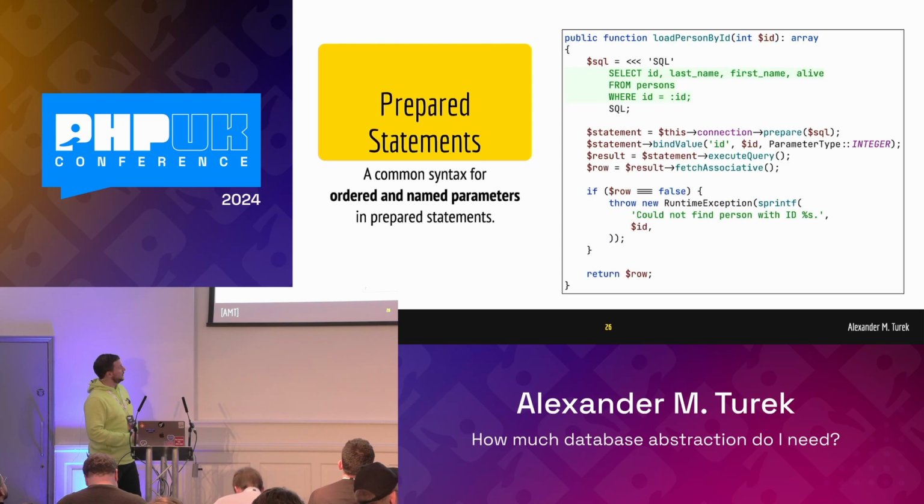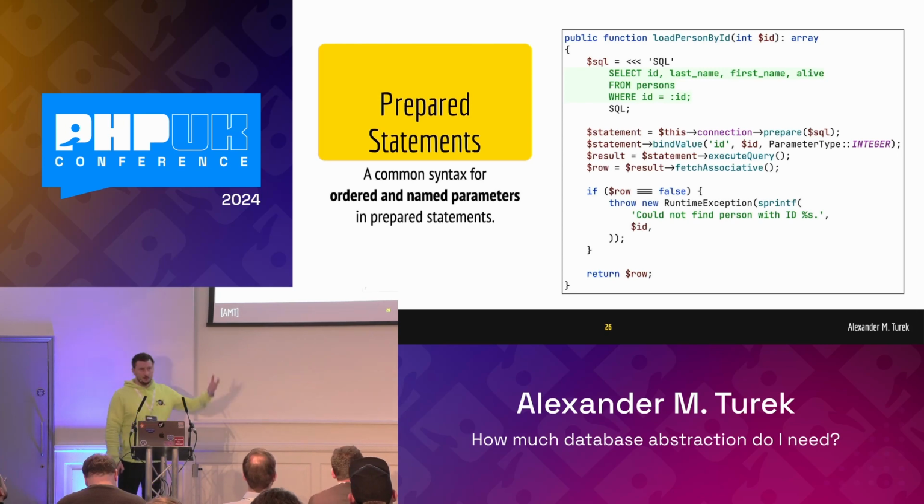So what else do I get? I get a unified interface for prepared statements. Each database has a somewhat different opinion on how parameters should be formatted inside of SQL strings. Some allow parameters to be named. Some extensions only want parameters to be ordered.